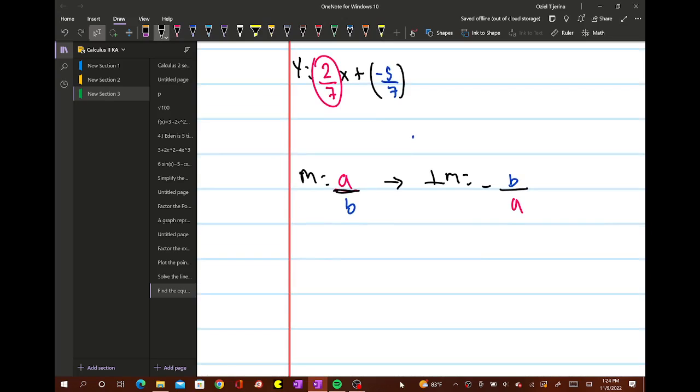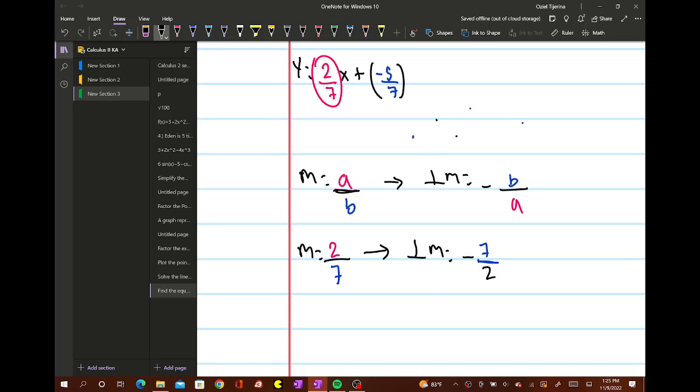Right now the slope is 2/7, so m equals 2 over 7. The slope that is perpendicular will be negative 7 over 2.